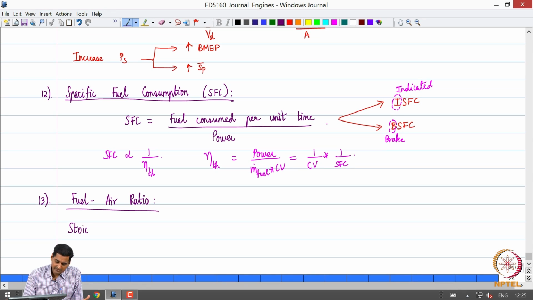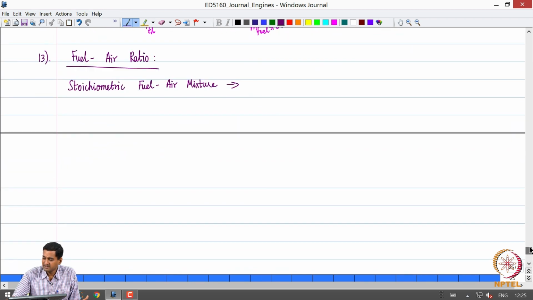And before we go into defining some parameters, we are going to define what is called a stoichiometric fuel air mixture. I am sure we would have encountered this word sometime before in basic chemistry. So, a stoichiometric mixture is a chemically correct mixture. In this case, what is a stoichiometric mixture?